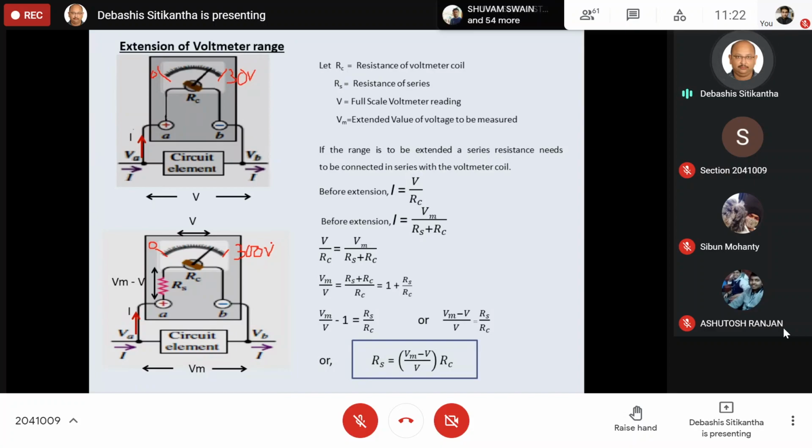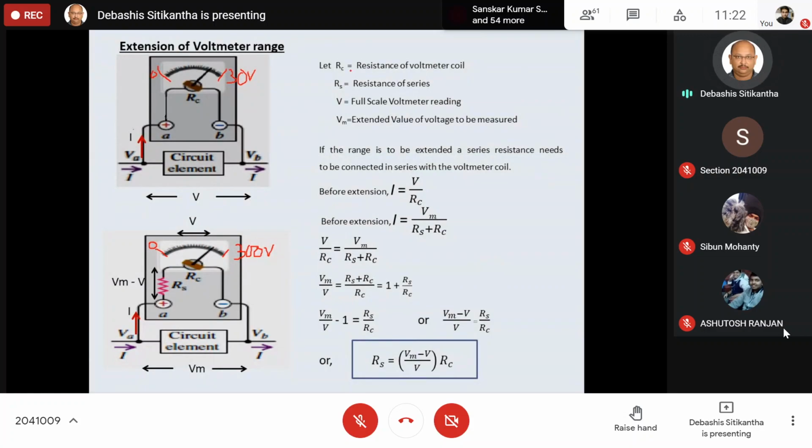But here, if I want to extend the range of the voltmeter to a higher value, then obviously I will have to connect a very high resistance in series with the coil of the voltmeter. So let us see what should be the ideal value of this series resistance which needs to be connected to the voltmeter coil in order to increase its range.